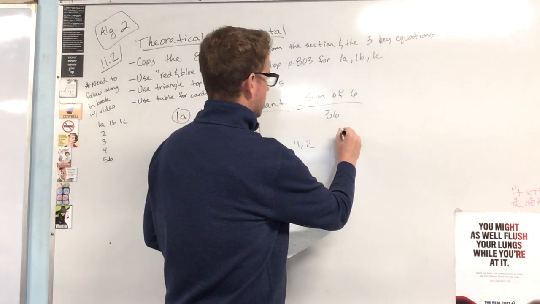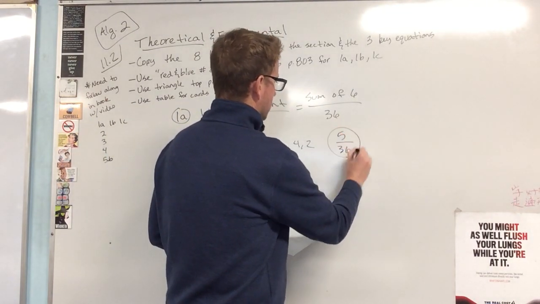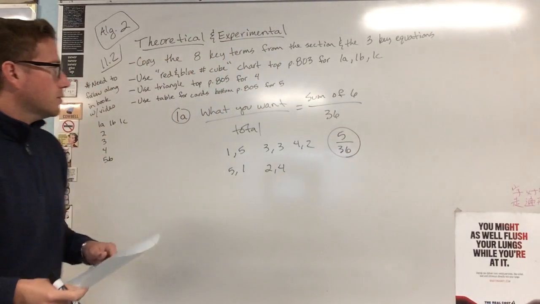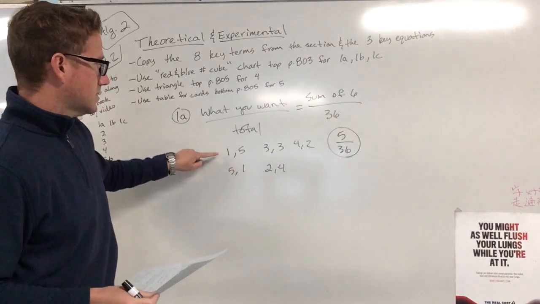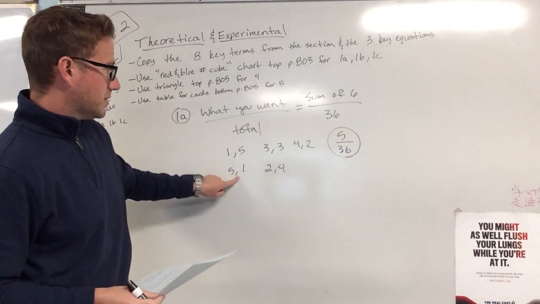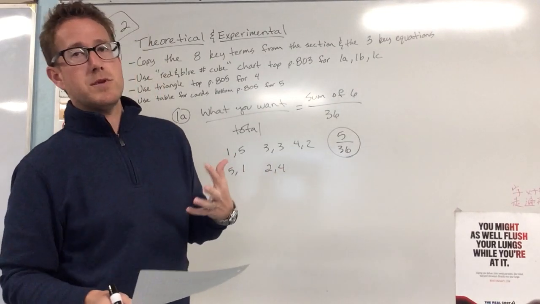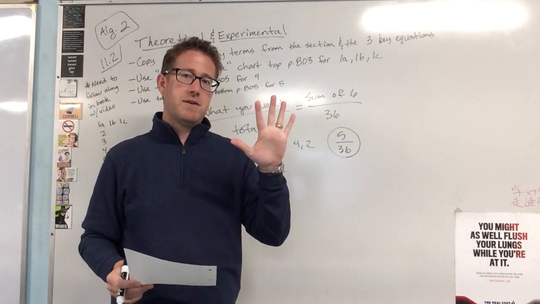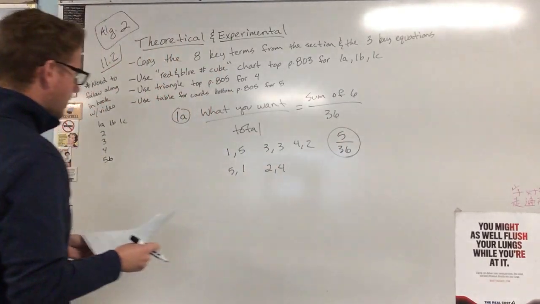So that's going to tell us that we have 5 out of 36 total. That will be what we want, which was a sum of 6. 1 plus 5, 5 plus 1, 2 plus 4, 3 and 3, 4 and 2. All of those are going to give you a sum of 6, so 5 out of that total 36. All right, that was 1A.